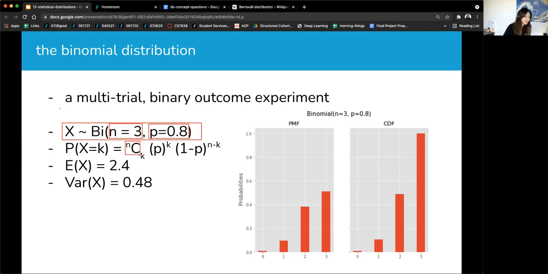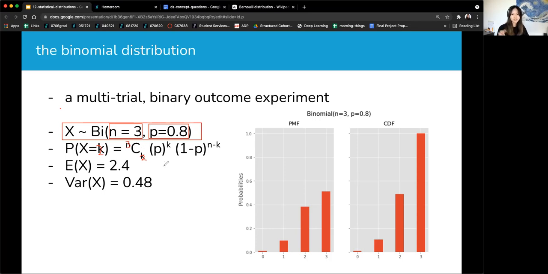This might look kind of familiar or not, because this is actually a combinations formula, which was what we were doing in the last study group. This formula is not important to remember, but it's good to know that if you have a 0.8 chance of making the basket and you're doing this 3 times, the probability of making it 2 times, let me just use 2 as an example, is, where n is 3 and k is 2, the combinations formula of 3 and 2.